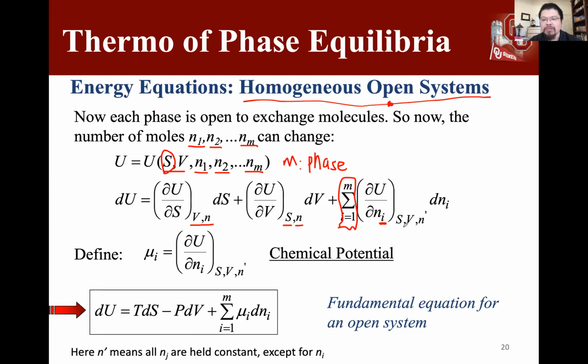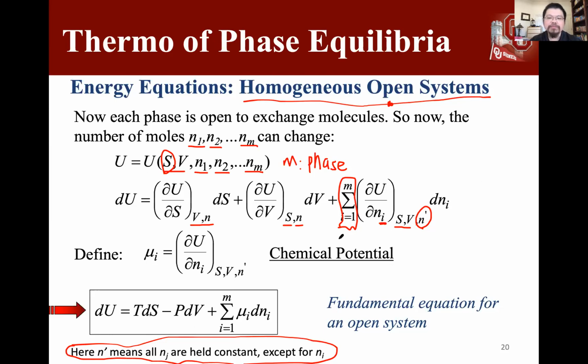Over here, we need to keep the entropy and volume fixed, and we need to keep the other components fixed. If we are looking at the first phase m1, then m2, m3, m4 up to m, the number of moles over there shall be fixed. Here is the explanation: m_i means all the n_j, all those other components, are fixed while we are looking at m_i.